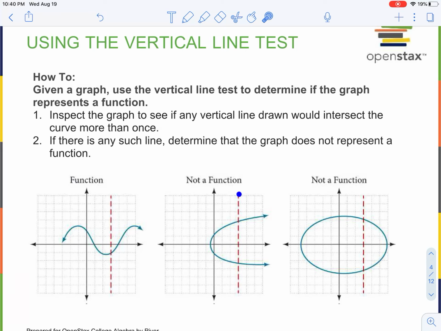This one, you see they drew the vertical line here, and it crosses here, and it also crosses here. Because it crossed more than once, that means that this x value, let's see, 1, 2, 3, the x value of 3 corresponds to 3 and also to, looks like, negative 2.5-ish.